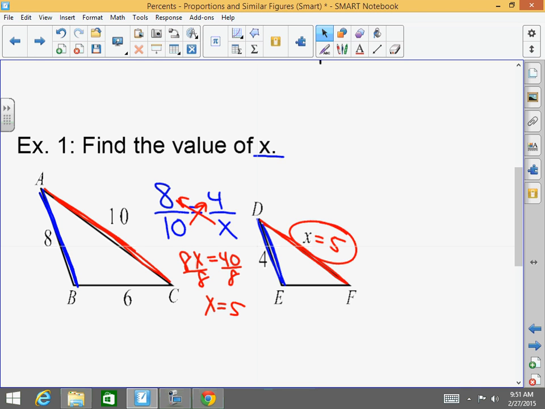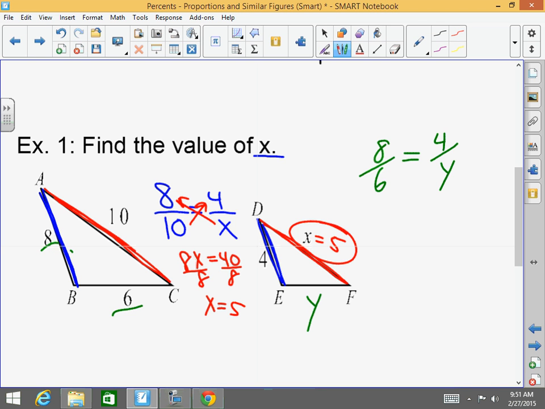Now, how about this? What if I tell you now, how would we solve for y? What proportion will we use? No. 8 to 6 would be set equal to 4 to y.